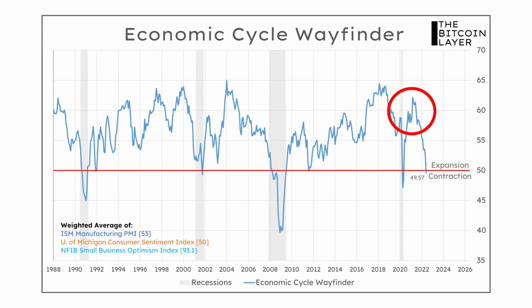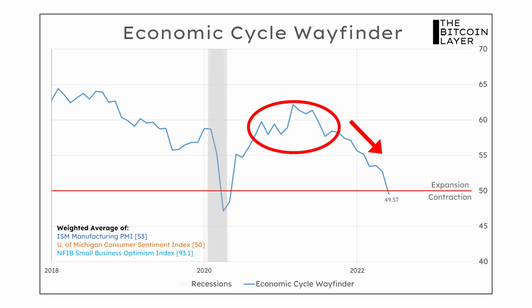Let's zoom in a little bit and let's look at how our wayfinder actually peaked in March of 2021. This is at least half a year before stocks and Bitcoin peaked in terms of price. Now, when stocks started to accelerate to the downside at the end of 2021 and the beginning of this year in 2022, it actually lines up with where our wayfinder starts accelerating to the downside as well.